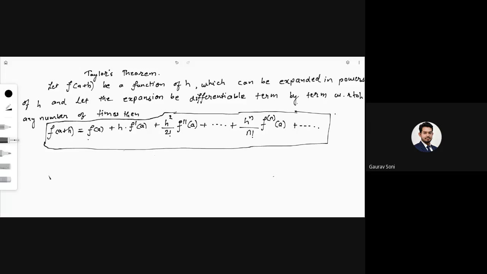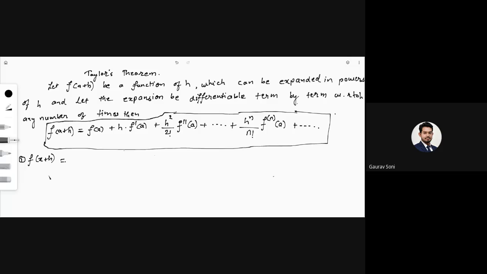Okay. Now what I can do here is make the deductions. Examples may never be in the same form. So f of x plus h is given. I need the expansion in powers of h.